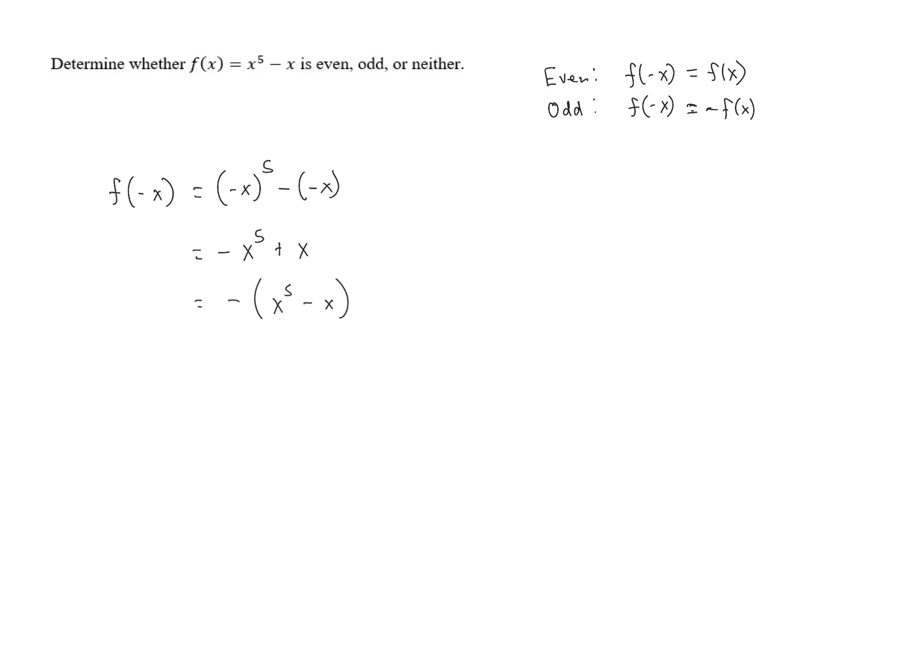And you'll notice that this in here is our original function, f of x. So this is equal to the opposite of f of x. And because f of negative x is equal to the opposite of f of x, we know that this function is odd.